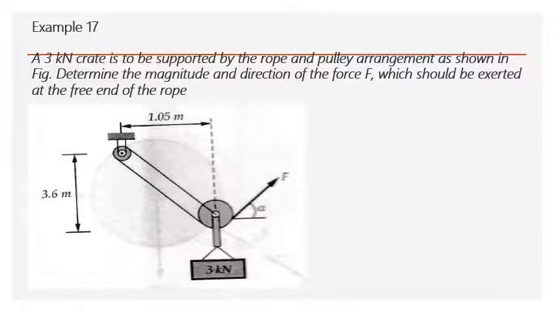So here what you are observing, two ropes. These two ropes are also passing over a frictionless pulley. So what is the rule? If the rope or the string passes over a frictionless pulley, then tension on either side of the pulley will be one and the same.